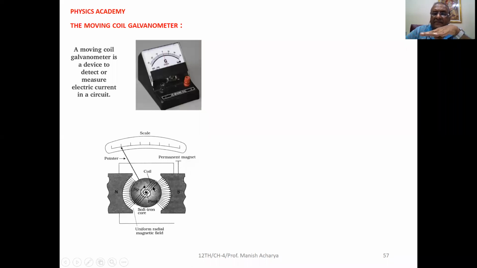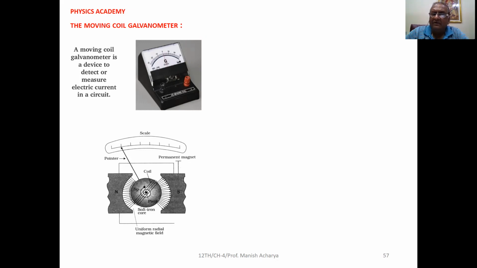So here the plane of the coil is in the plane of the magnetic field. So the area vector of the coil will be perpendicular to the magnetic field. For this coil, one axis is attached and it is pivoted from the upper and lower side. So with respect to these two supports, it can rotate like this.